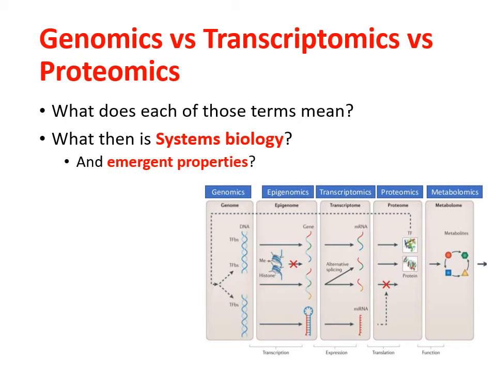The way we like to explain emergent properties is that the sum of the whole is greater than its individual parts. Sometimes it's easier to think of an example.